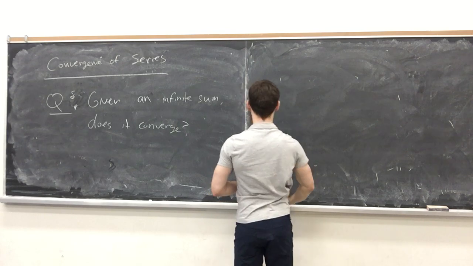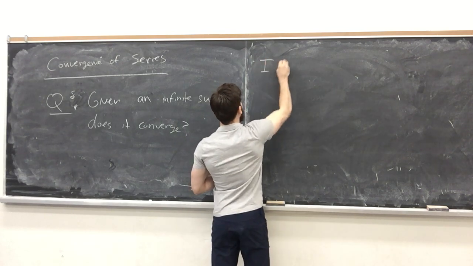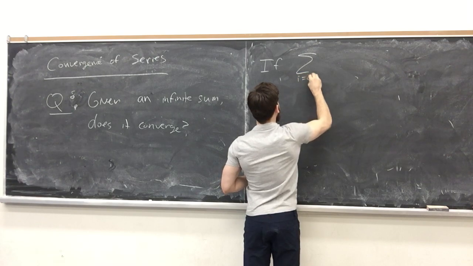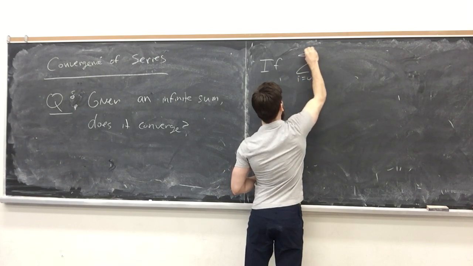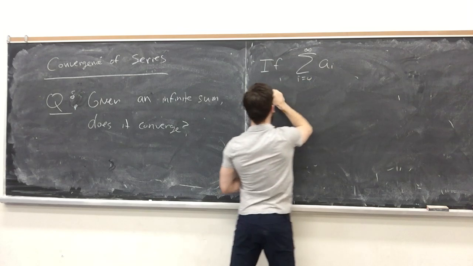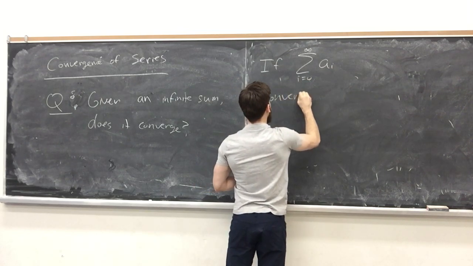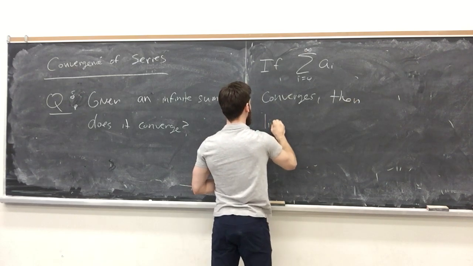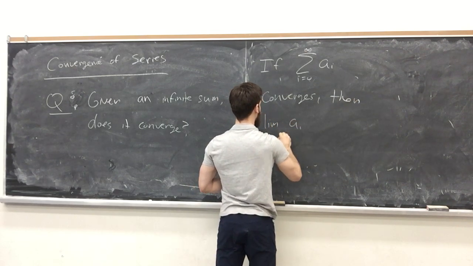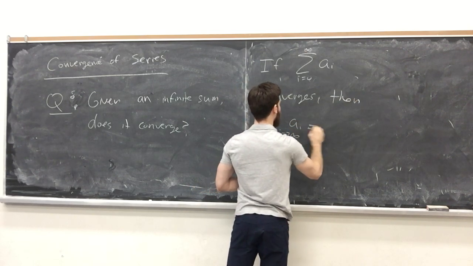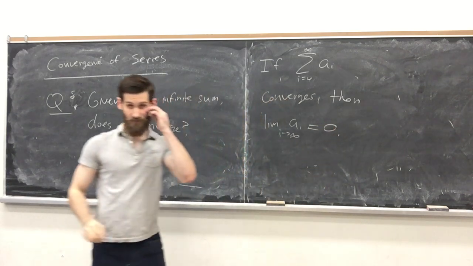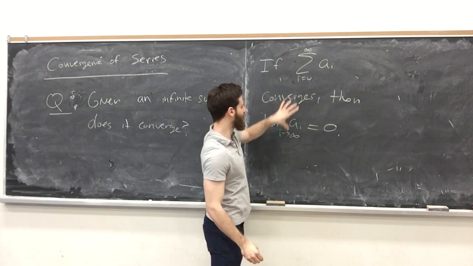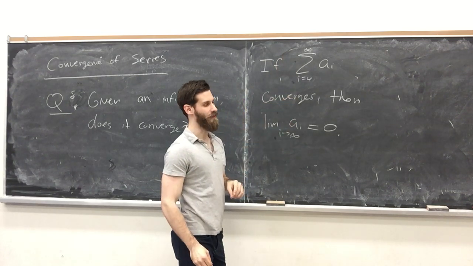So, if this infinite sum converges, then the limit of the a_i as i goes to infinity is equal to 0. So if this converges, this is 0.